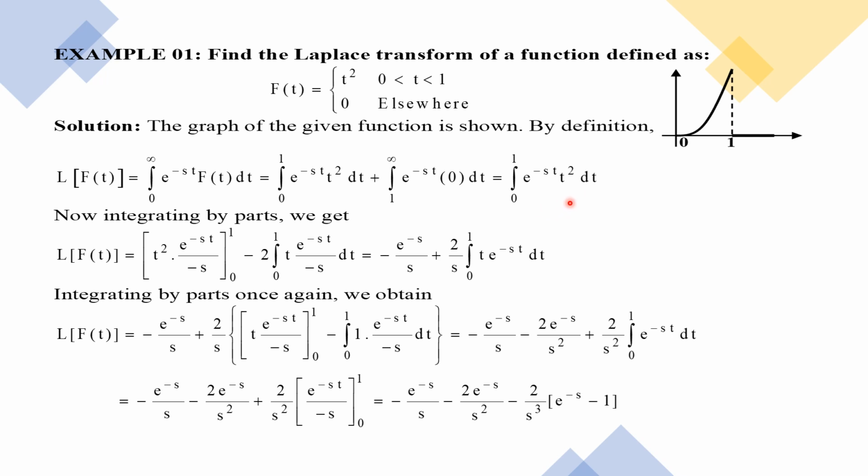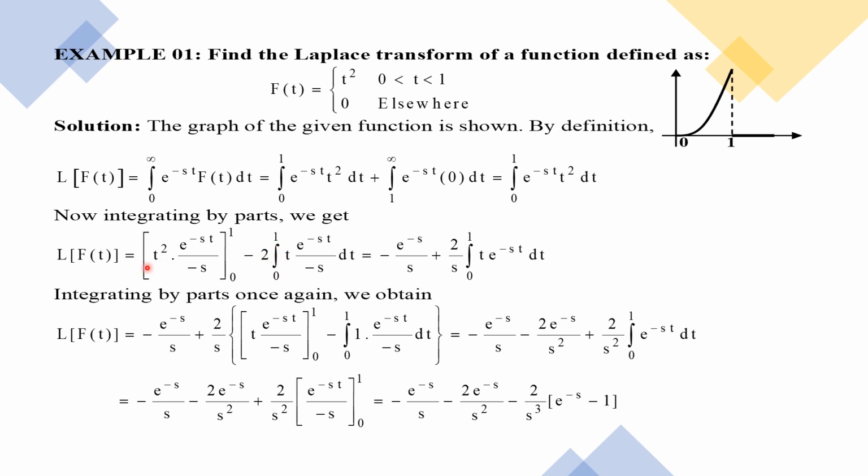Now by using integration by parts, we solve this integral. Laplace of f of t: integration by parts, t square is kept the same, taking the integral of the term e power minus st, which becomes e power minus st upon minus s, with lower limit 0 and upper limit 1, minus the integral from 0 to 1.